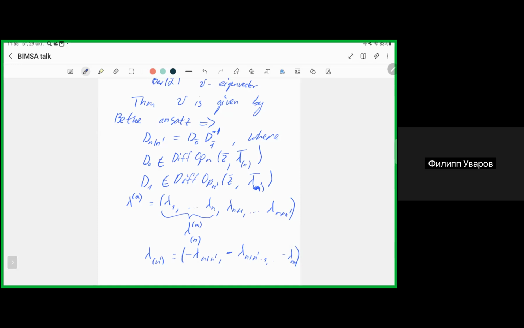Okay, so Bethe ansatz for super Lie algebras gives you that your corresponding description of your eigenvectors is through pseudo-differential operators, which are ratios of two differential operators, and you know analytic properties of numerator and denominator.